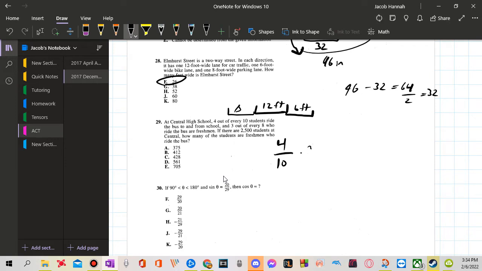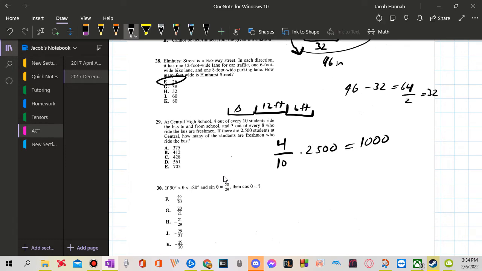So 4 out of 10 times the total, 2,500, is 4 times 2,500, that's 10,000, divided by 10, that's 1,000 who ride the bus. Alright, so that's how many people ride the bus.